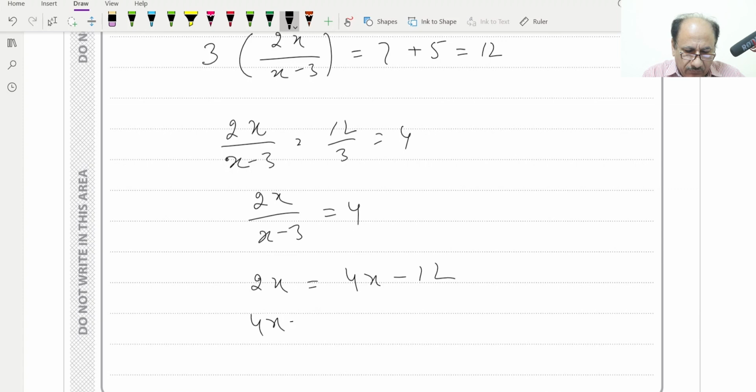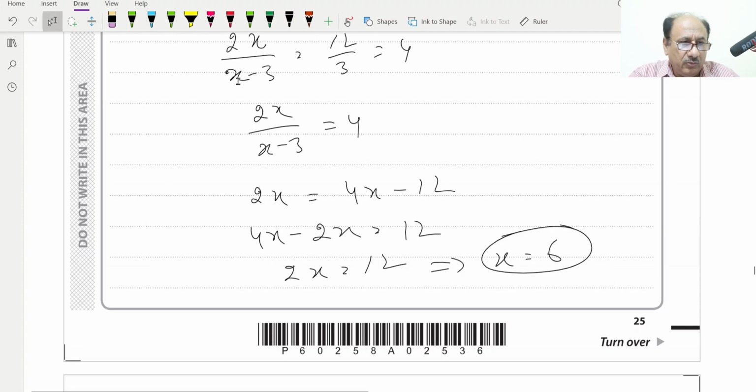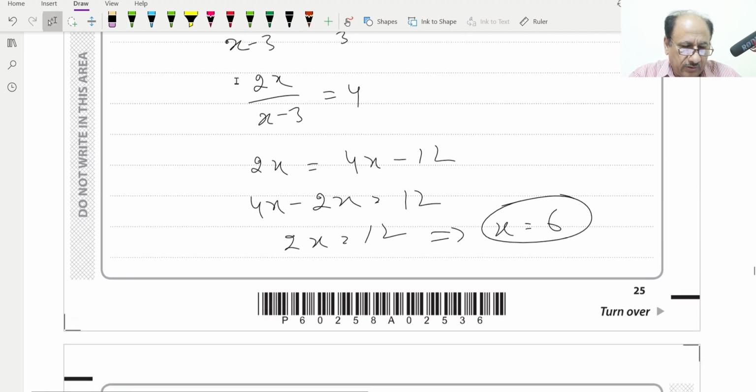So 4x minus 2x will be equal to 12. So 2x is equal to 12. So this implies x is equal to 6. This will be the value which we found for this one.